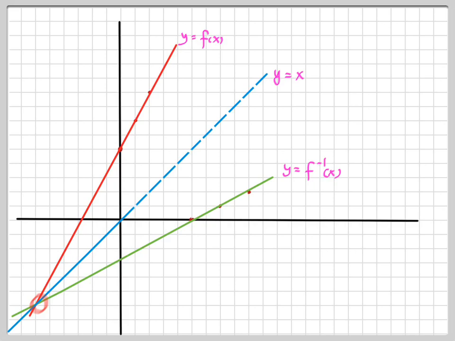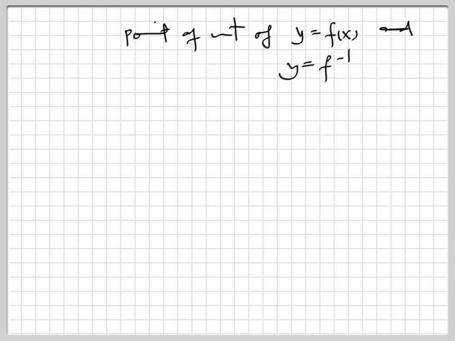That means if, for example, they ask us for the point of intersection of y = f(x) and y = f inverse(x), now I have 3 options.